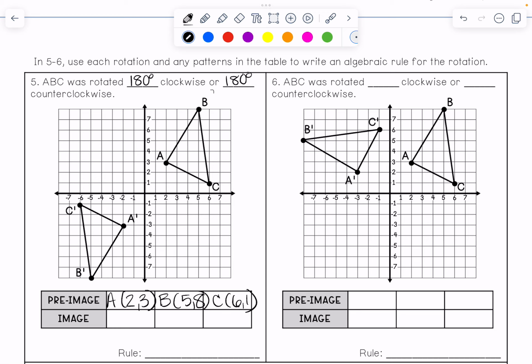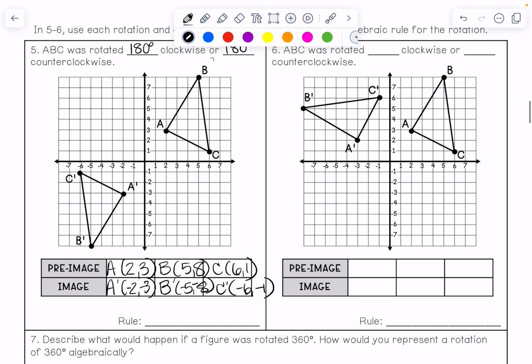After we've rotated 180 degrees, A prime is now at -2, -3, B prime is -5, -8, and C prime is at -6, -1. So the algebraic rule for that 180 degree rotation is that our XY coordinate becomes the opposite of X and the opposite of Y. Each value just became the opposite of it.